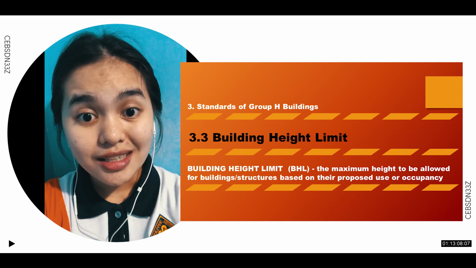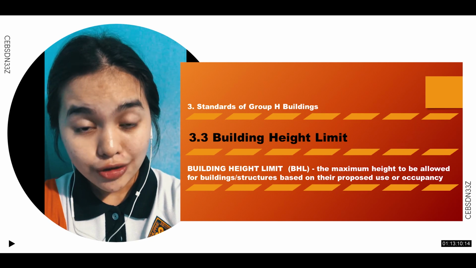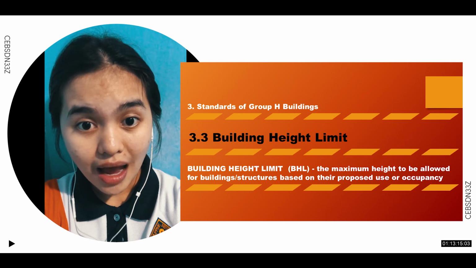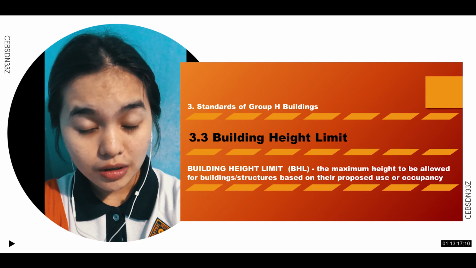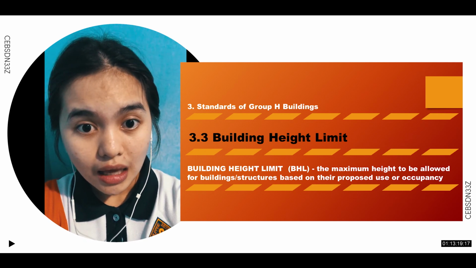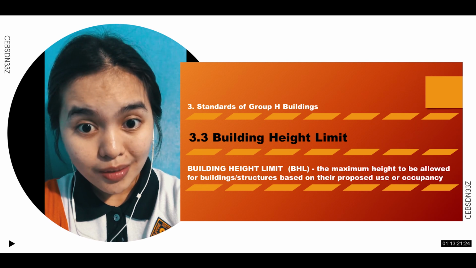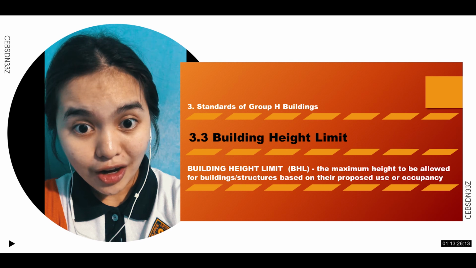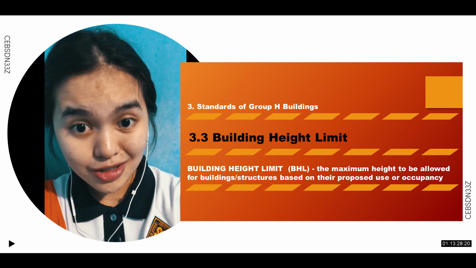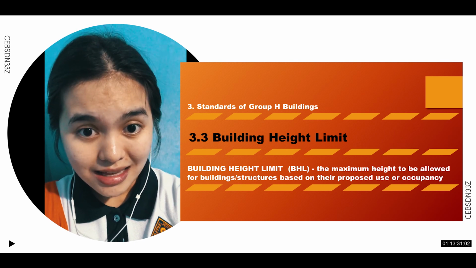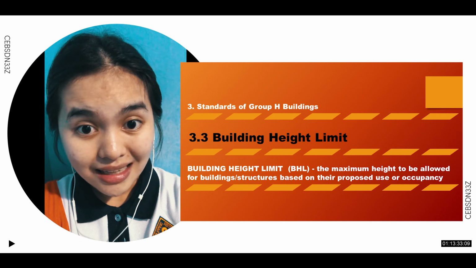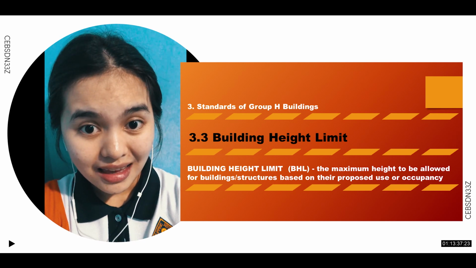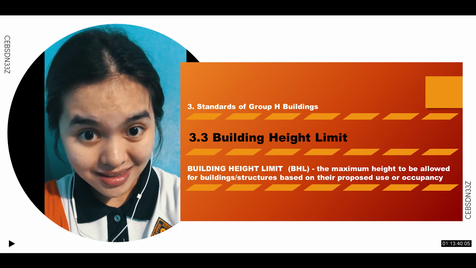And there are characteristics that we should consider in determining the height of the building: the soil characteristics, the hydrological condition, the meteorological condition, the environmental effects to the building or structure and vice versa, the traffic effect to the building or structure or vice versa, and the availability and capacity of public utility or service, and the applicable safety and maintenance system.